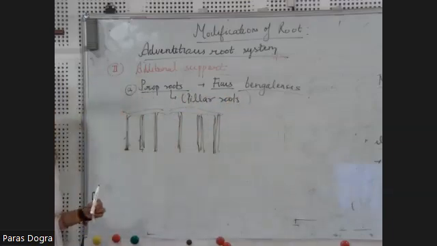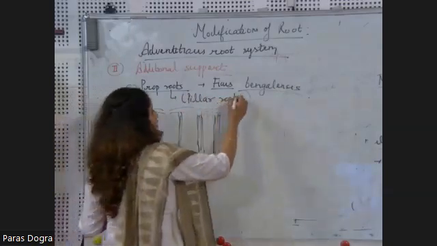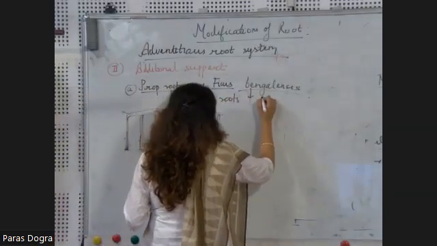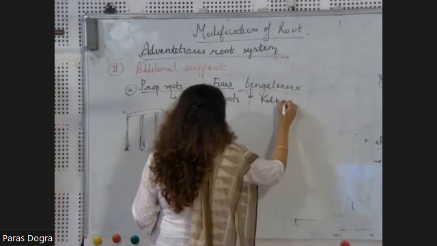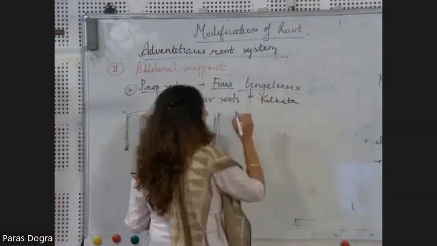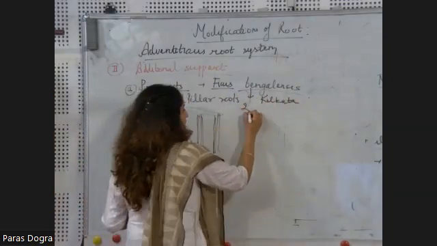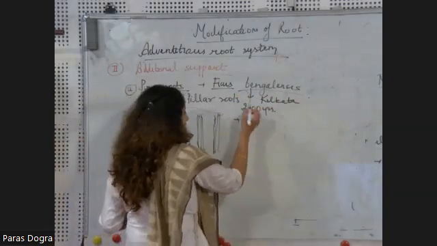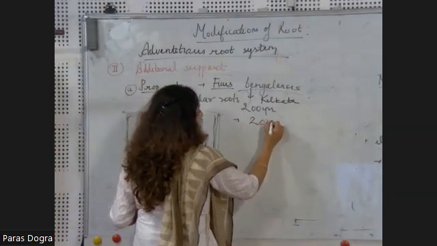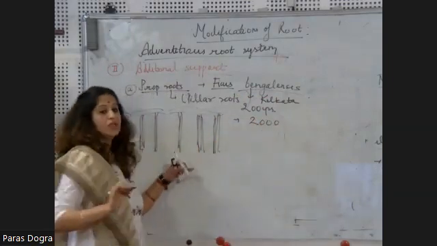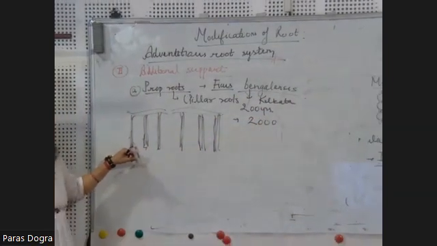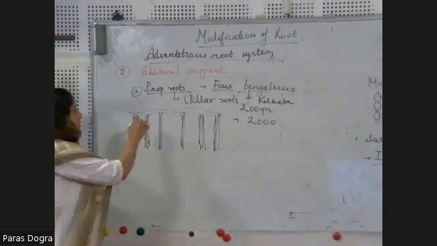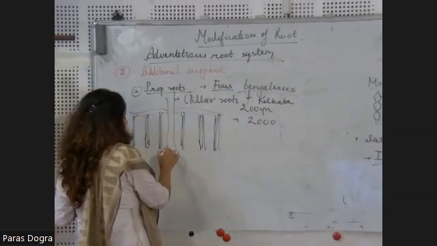Such a plant is seen in Kolkata, in Howrah, the oldest banyan tree. It is about 200 years old, and the plant has nearly 2,000 of these prop roots. And one important thing is, for example, this was the main trunk.